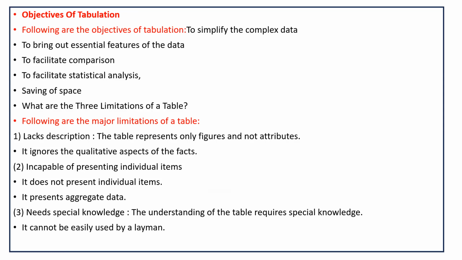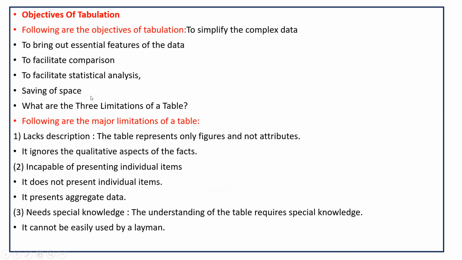It also facilitates comparison, because in columns and rows you can immediately make the comparison and give your conclusion on the data you have collected. It also facilitates statistical analysis, because tabular forms have values, and with quantitative data you can apply statistics to prove whether the research you have done is significant or non-significant.